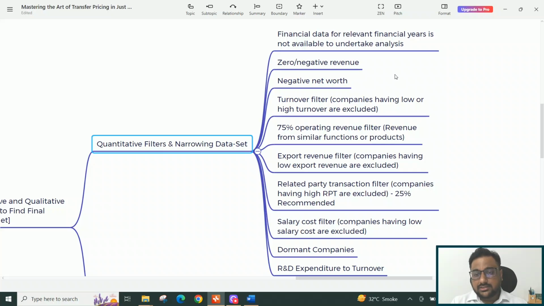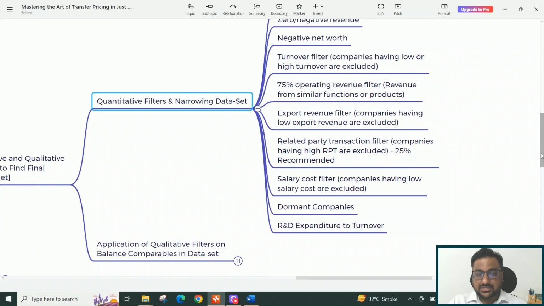Then there is the most common filter, related party transactions. Once you understand that there are related party transactions in that entity, you need to assess the total value of those transactions which affect the profit and loss account of that company to the sales.